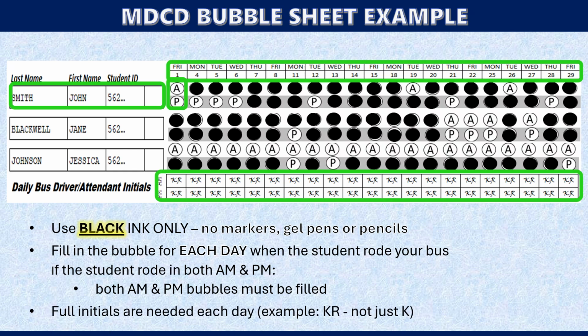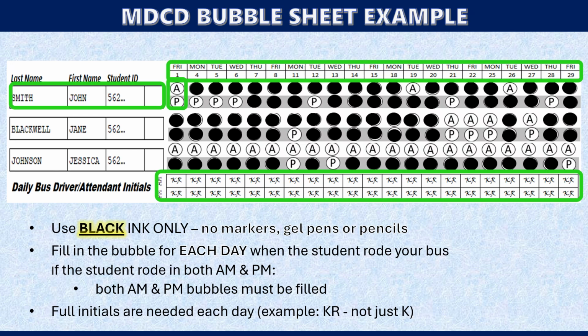In the middle section of the form, you will see the days and dates of the month to fill in. You'll also see the student information, last name, first name, and the 562 number. Next to that, you will see bubbles, A for AM and P for PM under each day of the month.